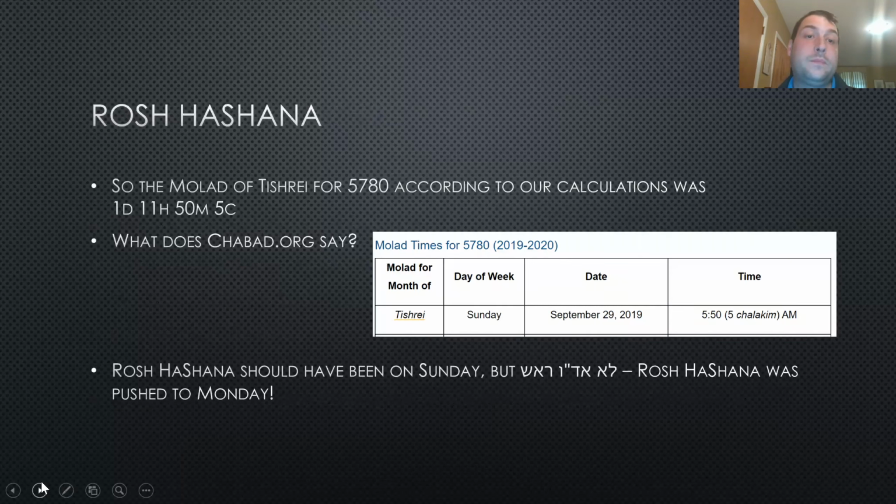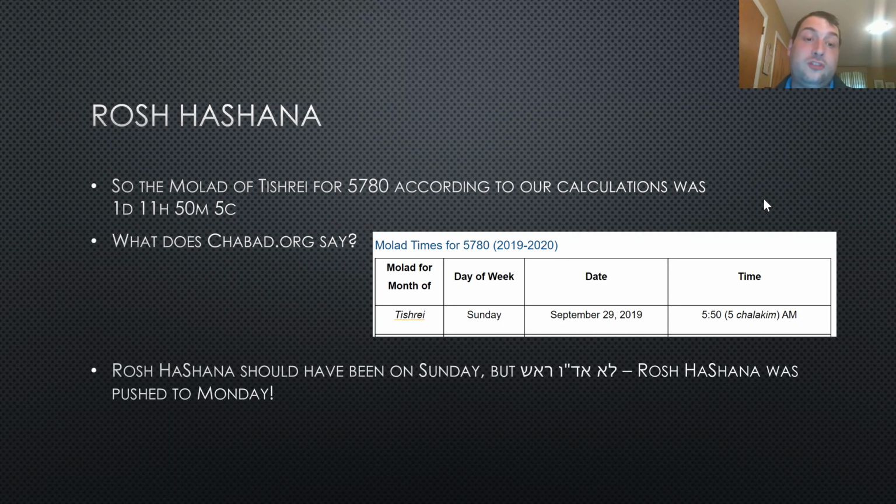So therefore, the molad Tishrei of 5780 should have been 1 day, 11 hours, 50 minutes, and 5 chalakim. And what does Chabad.org say? It's 1 day, 11 hours, 50 minutes, and 5 chalakim. Because, remember, we start from 6 p.m. and add 11 hours, which brings us to 5, 50 minutes, and 5 chalakim.